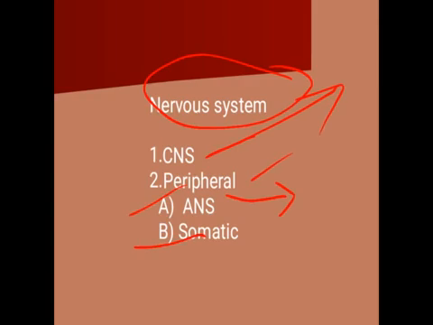And somatic indicates the voluntary nervous system or the voluntary movements in our body. These are due to the somatic nervous system, and the involuntary movements other than CNS come under the ANS.